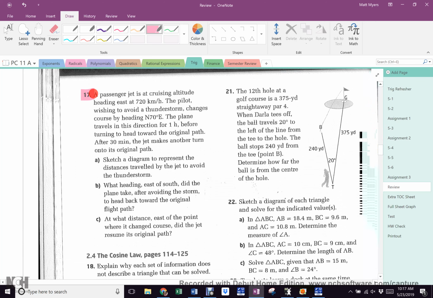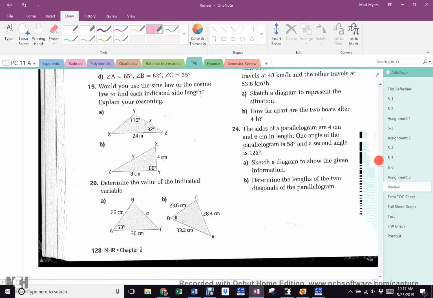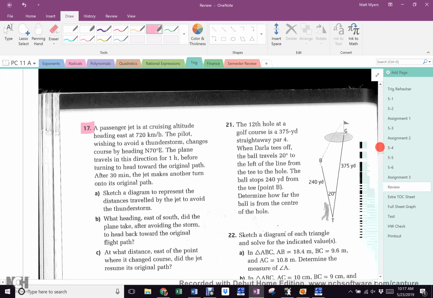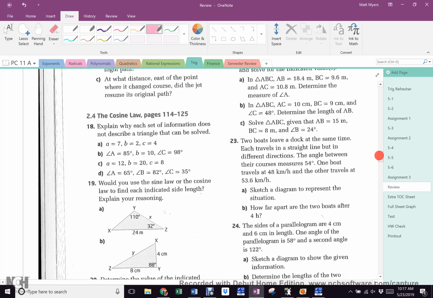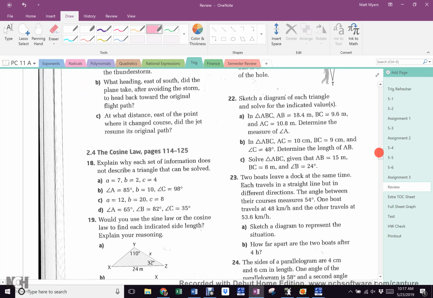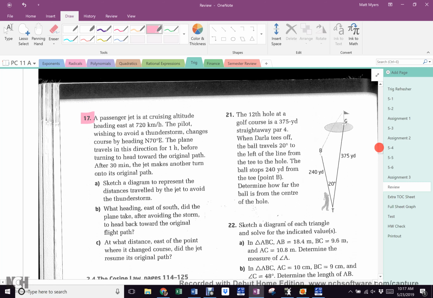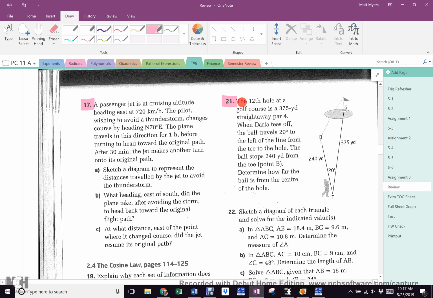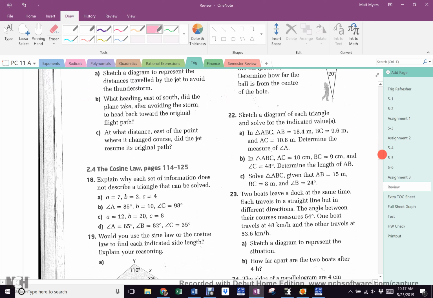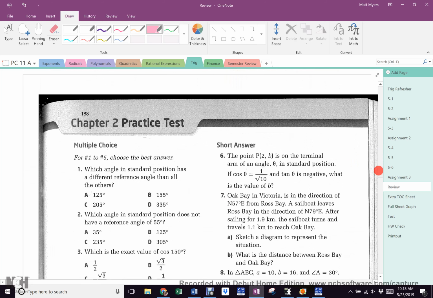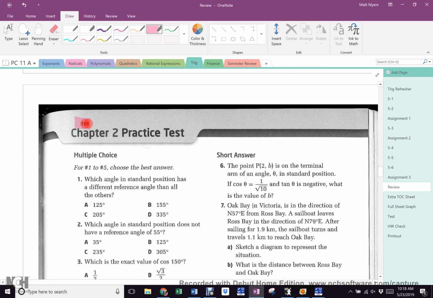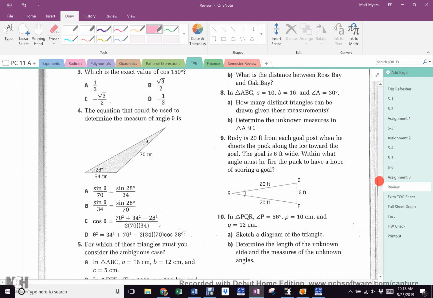You should try 17, even though most of you won't get it. You should do 21. You should do 23. And then you should do all of 18.